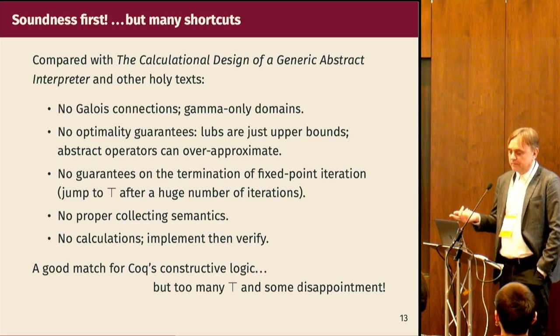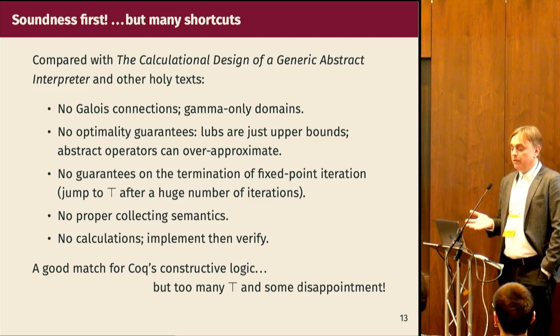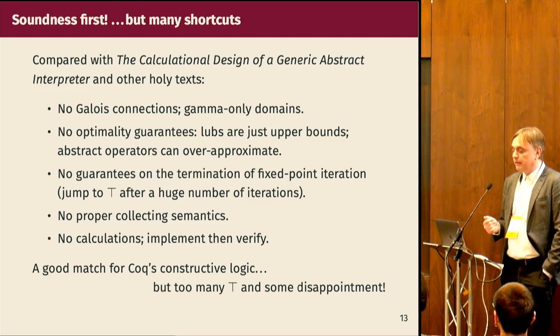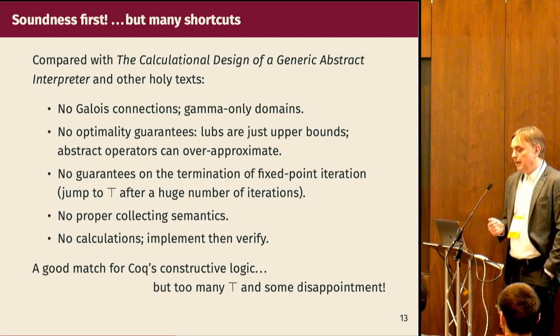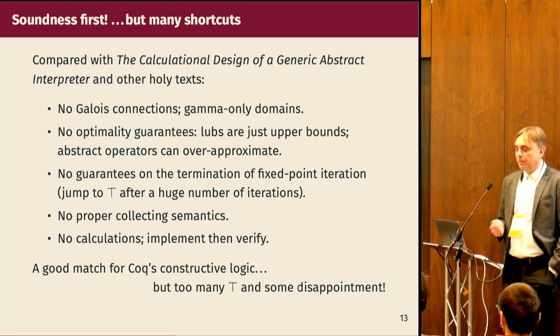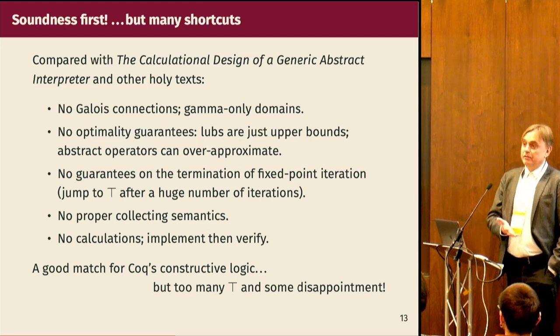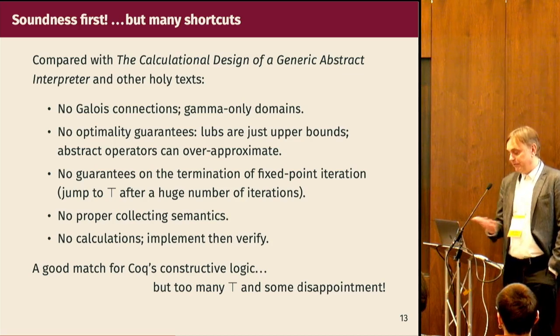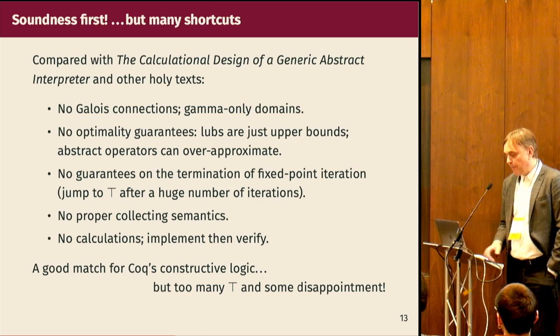We have gamma-only domains, but no alphas, which means no optimality guarantees. We don't try to prove that least upper bounds are least upper bounds, just that they are upper bounds. All our abstract operators can over-approximate, okay? And that's what let us do translation validation for some of them, verification a posteriori. They produce certificates of soundness, but not of optimality.